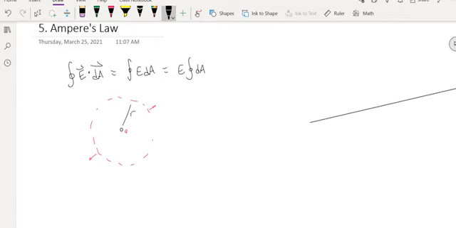If we define this surface to have a radius r, all our electric field lines come out like this, so there's a positive net flux, because all these E's and A's are in the same direction. So we multiply the scalar product of the magnitudes of those vectors.